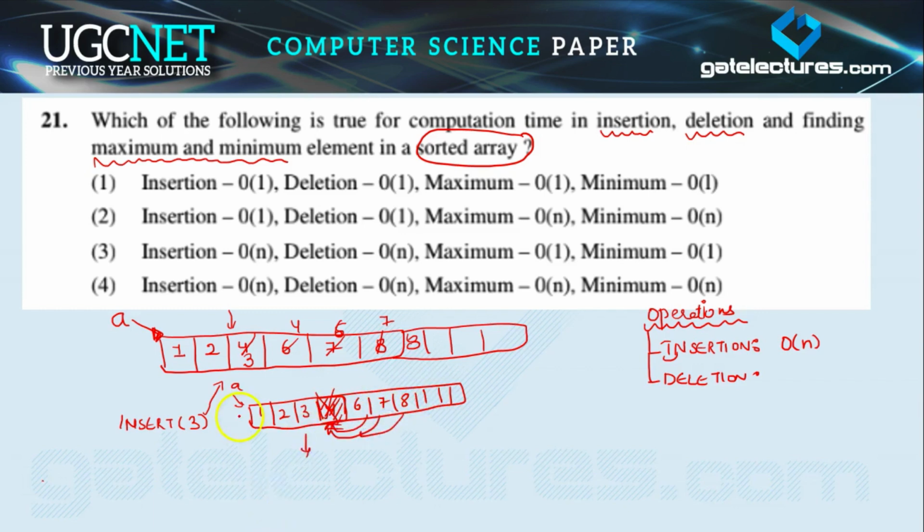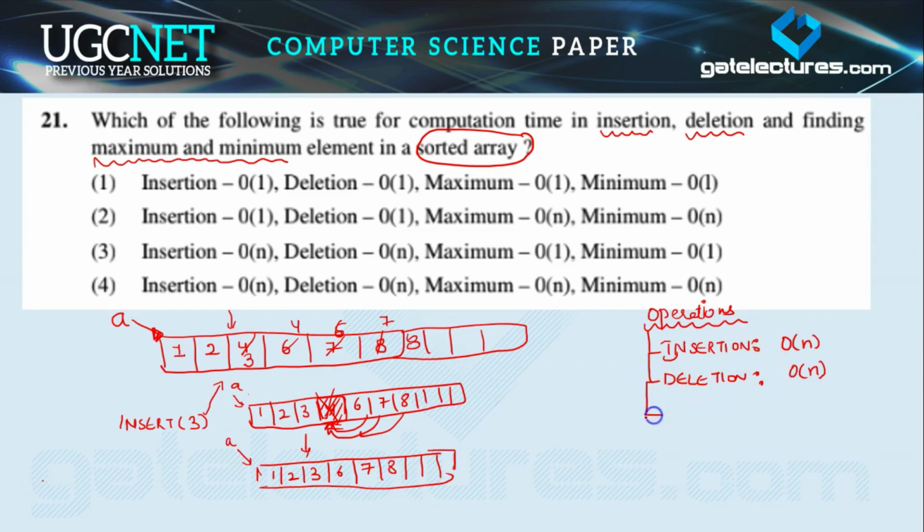So the resultant array looks like 1, 2, 3, because one space is empty here, so the left shift is going to happen. So 6 is here, 7 is here, 8 is here, and some empty blocks are present in the array. So in the worst case, deletion will take order of n, because in this case also the shifting of all the keys is going to happen.